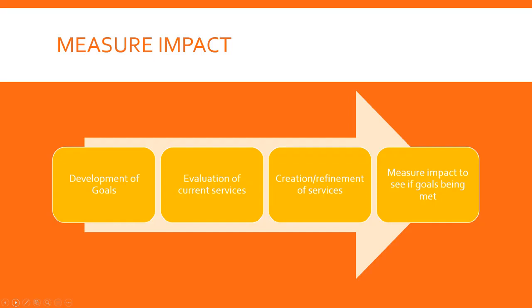And so once this creation or refinement of services takes place, then that is where you can measure impacts to see if the goals are being met, to see if the changes that you have made as an archive to your online finding aids, to your online collections, have resulted in online access tools that better support the goals that your archive has set.